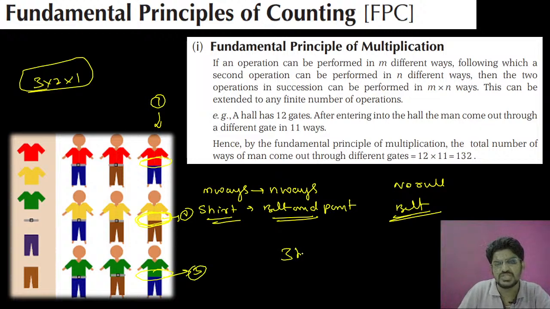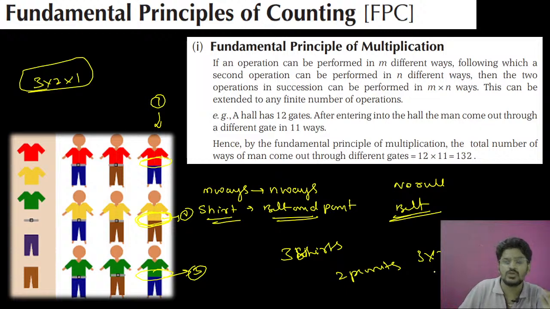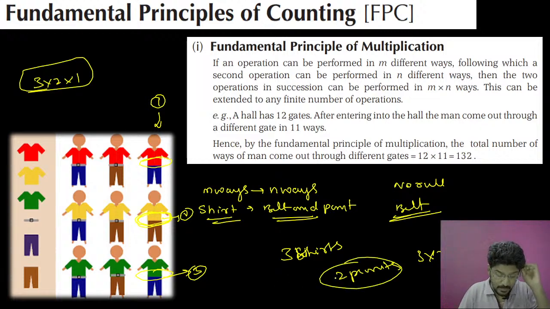You have 3 shirts. You have 2 pants. No problem. 3 into 2 ways you can get over. But no problem. Without belt also he can dress up. With belt also he can dress up. But if he doesn't wear a pant or a shirt, there is a big problem.